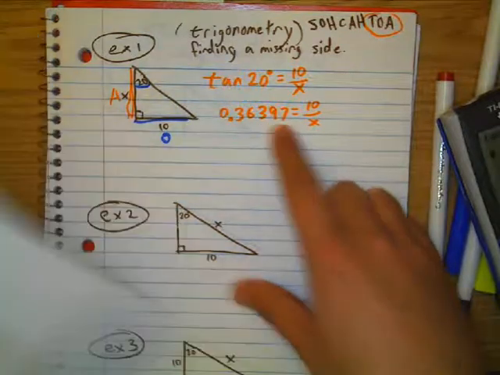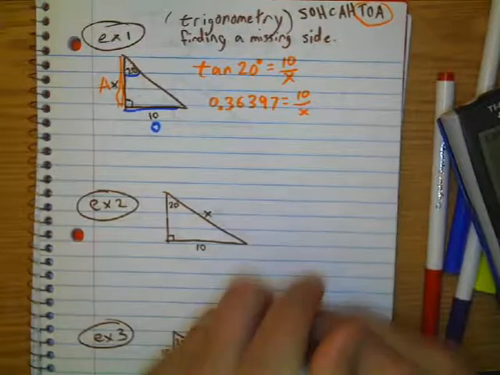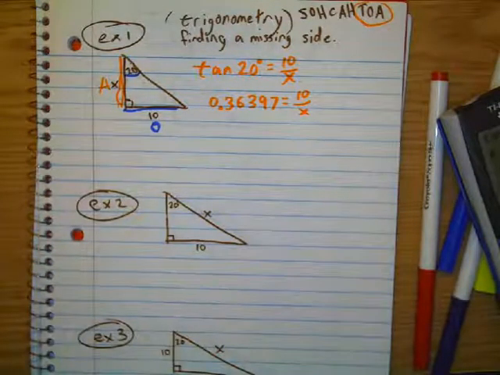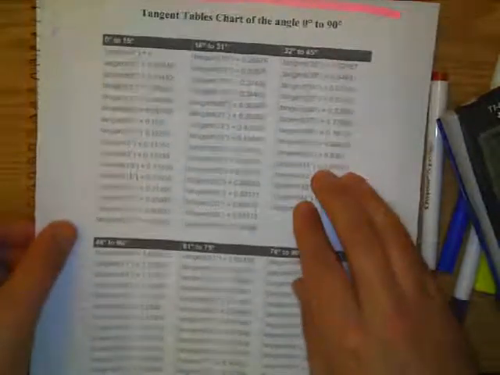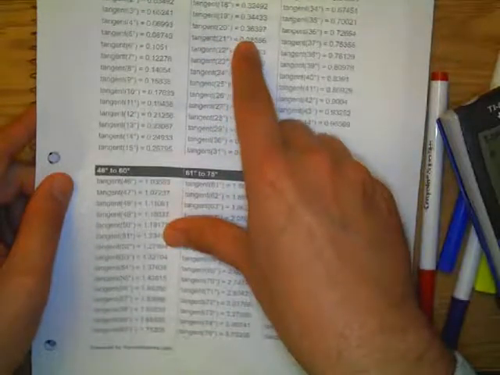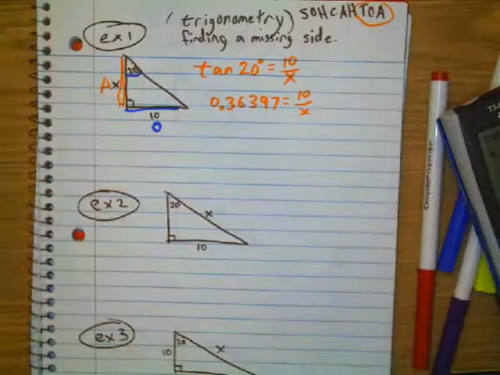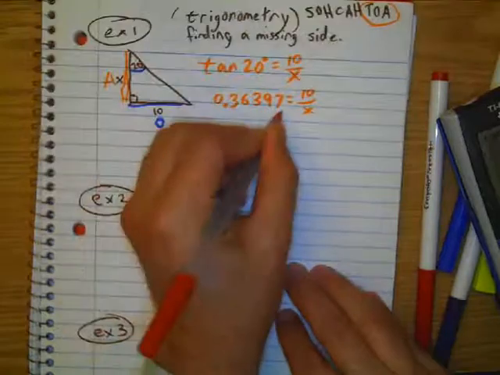Or I could have used the other tangent handout. It's a little bit easier to see. Let's see, 20 degrees. So tangent 20 degrees, 0.36397.